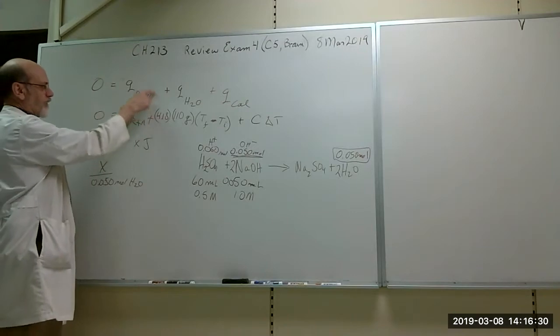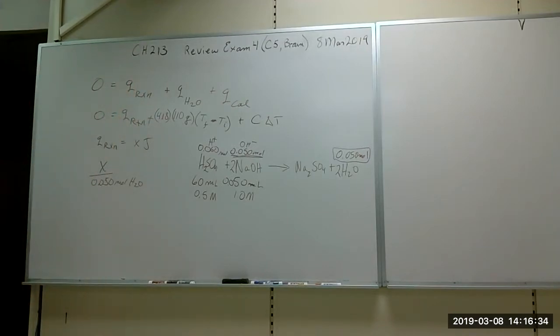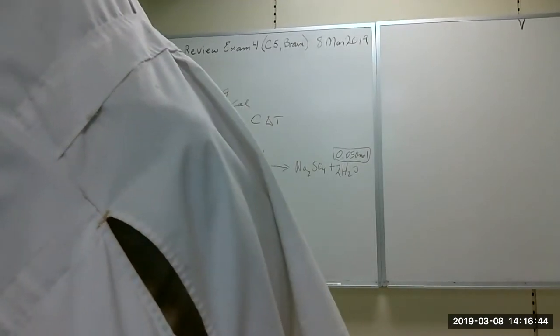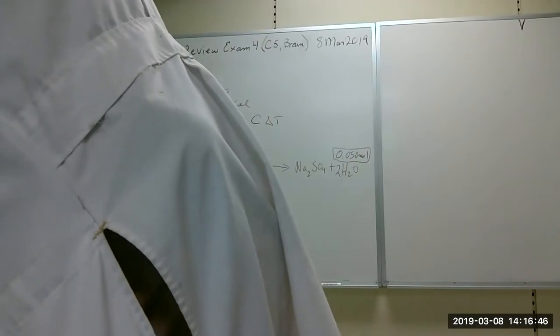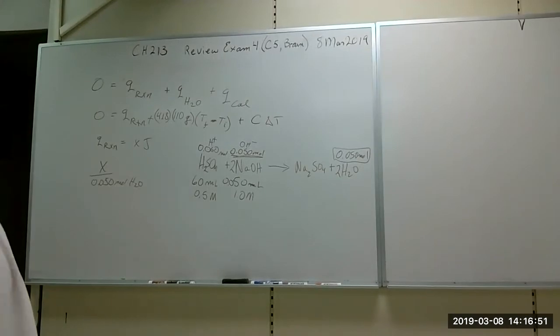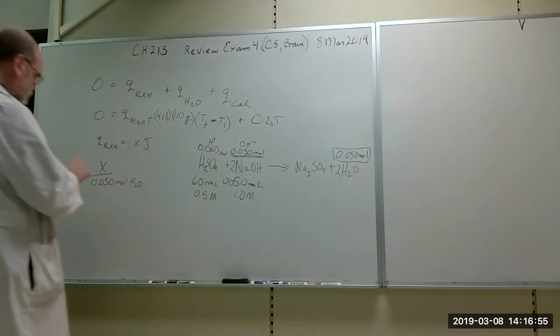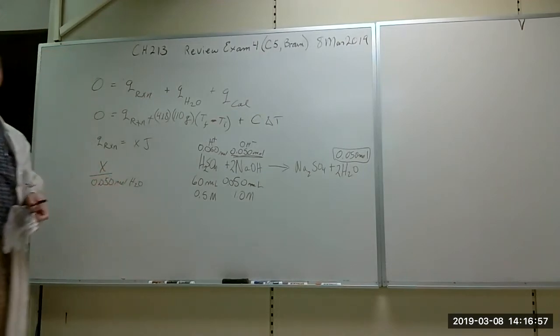That's how you find out what the Q for the reaction is. Okay? 2:15, how are we doing on time? Okay. We can go to 3:30 if we have to. All right. So that's an explanation of the lab we're going to do today.